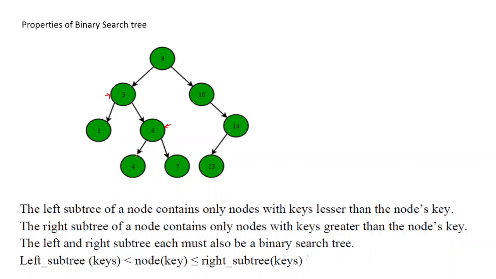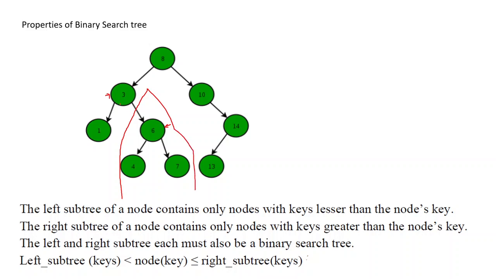The left child of 6 contains a value 4 which is less than 6, and the right child of the node containing 6 contains a value 7 which is greater than 6.